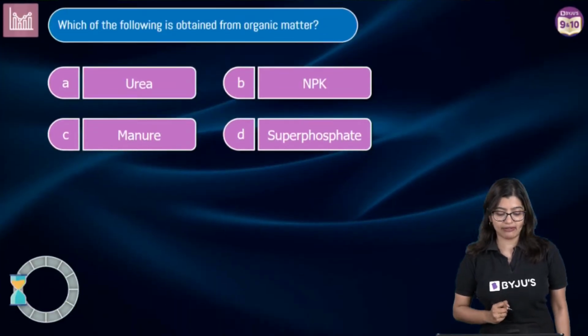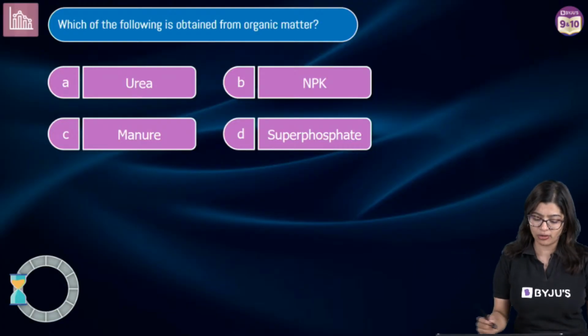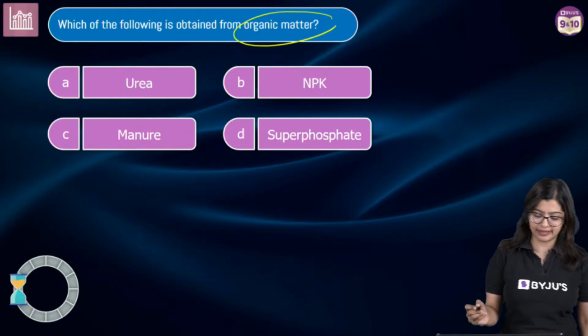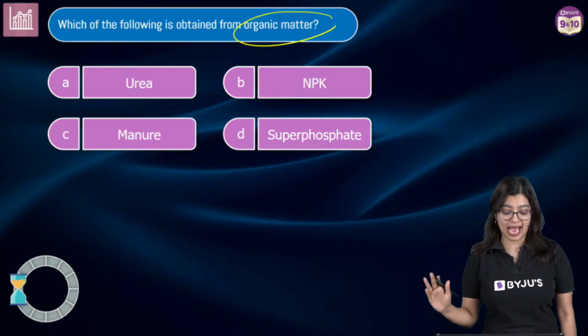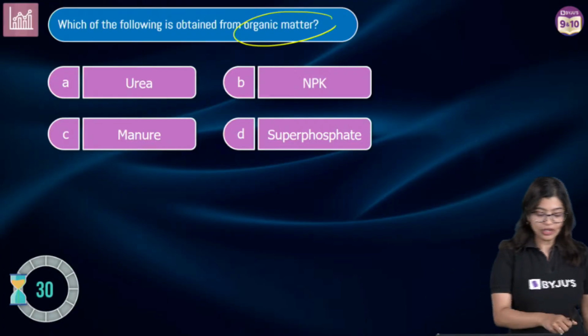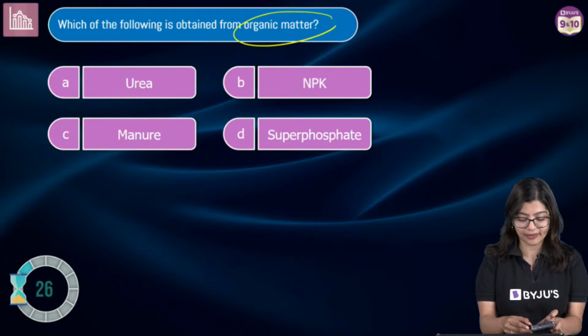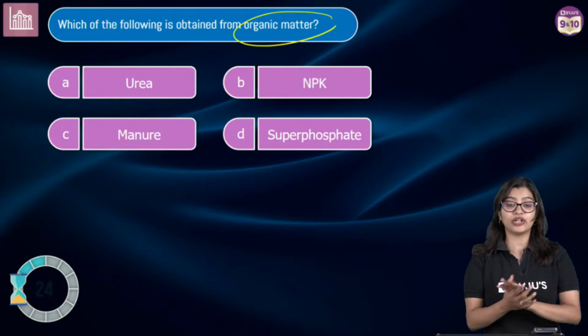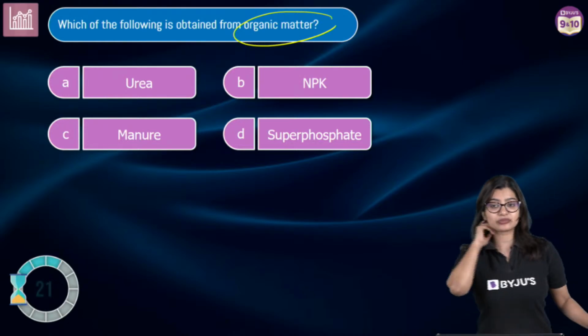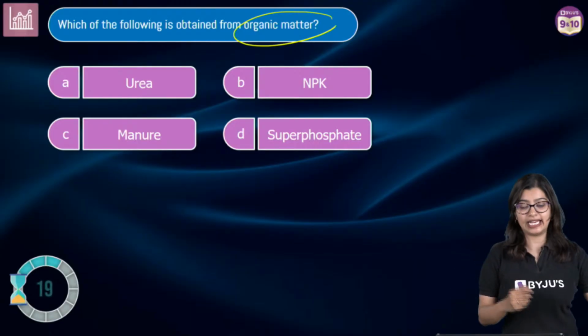So quick question everybody. Which among the following is obtained from organic matter? Urea, NPK, manure or superphosphate? You have 30 seconds. Pause this video right now to give me the answer. Very quickly all of you, what do you think is the correct answer? I know this chapter is very lengthy.